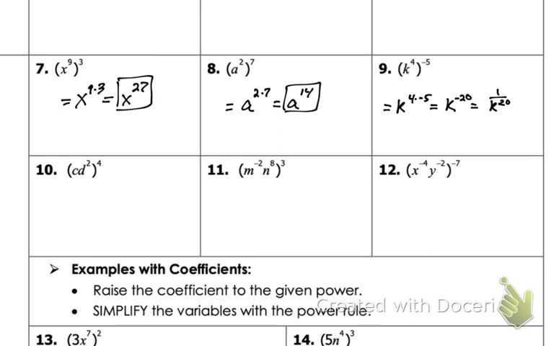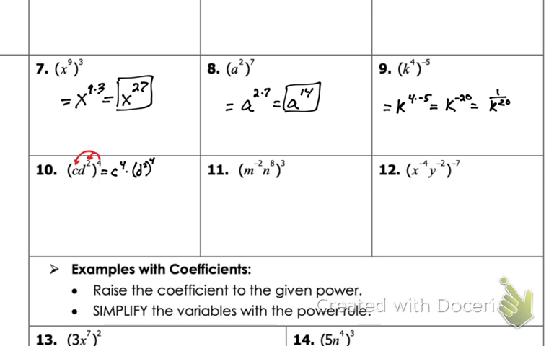Okay. When we have this power here, this to the 4th affects everything in here. So this 4 gets distributed to both things. What we really have is c to the 4th times d squared to the 4th. That 4 affects both things.